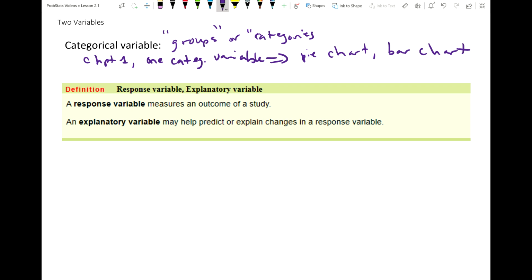So now we're going to analyze two variables and their relationship to each other. Usually we have names for these variables. We call them response variable and explanatory variable. A response variable measures the outcome of a study. You can usually liken a response variable to a dependent variable.